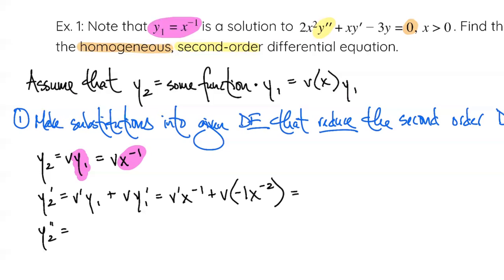Or we can clean that up to be v prime x to the negative 1 minus vx to the negative 2.